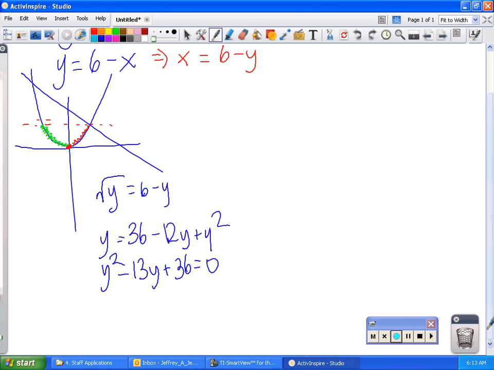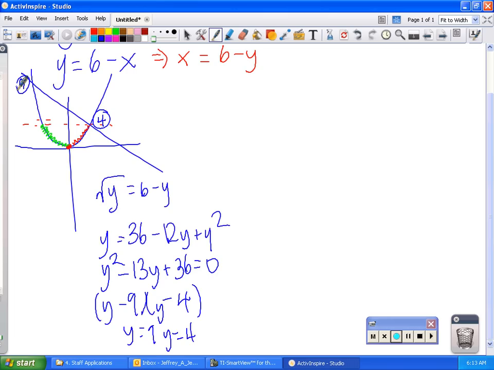And when I factor that, I get y equal to 9, and I get y equal to 4. So this value right here is y equal to 4, and this value up here is y equal to 9.